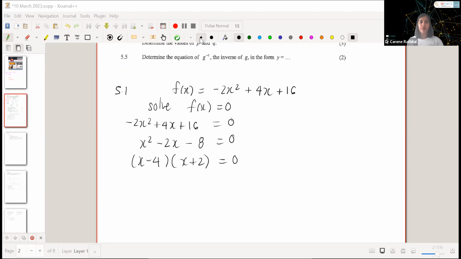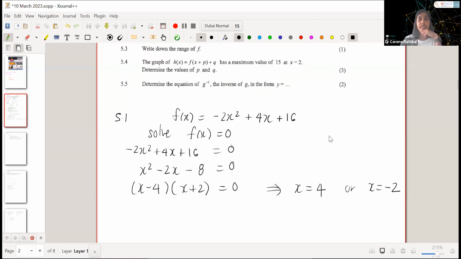Great. Okay, so what does this now tell me? This tells me that the x values are x equals positive 4, or x equals negative 2.